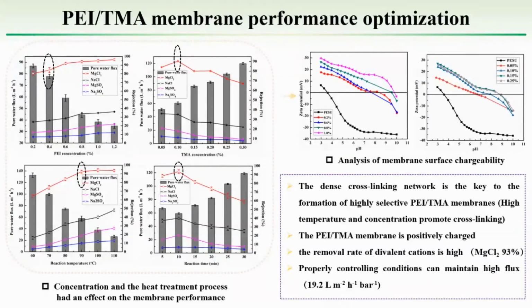Optimizing the parameters could obtain a membrane with high selectivity and permeability. The membrane had high selectivity to magnesium chloride and a high sodium sulfate transmission rate. The highly positively charged membrane surface led to such a separation effect.